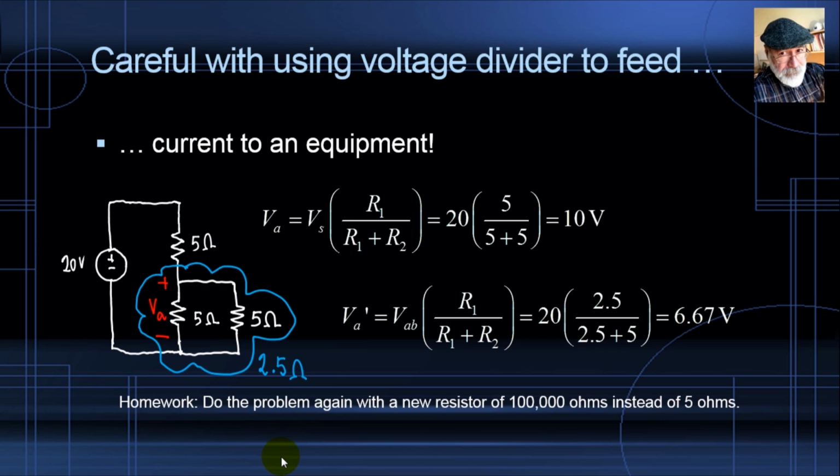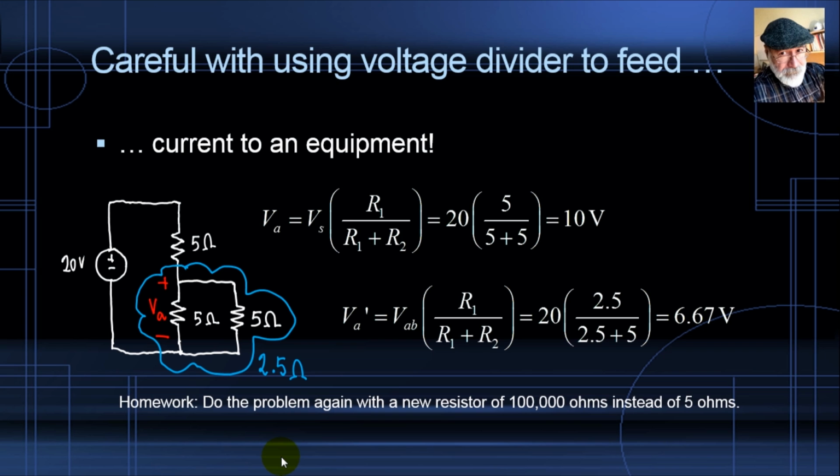Be careful. As soon as you connect a load that drains current out of the voltage divider, the voltage will not be what it used to be. As a homework, I suggest that you repeat this exercise with a new load that has 100 kilo ohms instead of 5 ohms.